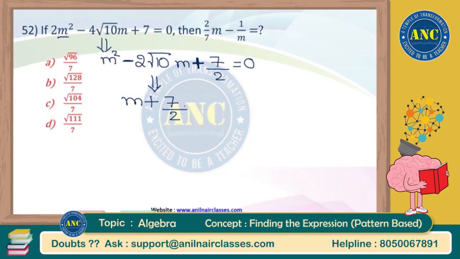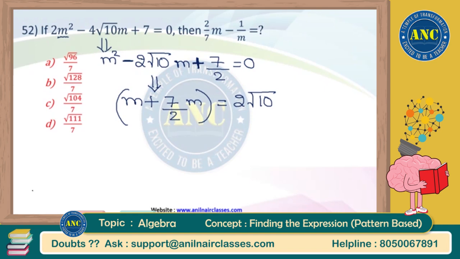It is m plus 7 by 2m is equal to the coefficient of m shifted to the right hand side, minus 2 root 10 becomes plus 2 root 10. I hope this is very, very clear for you, sir.